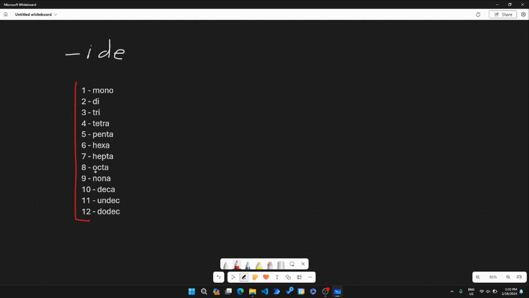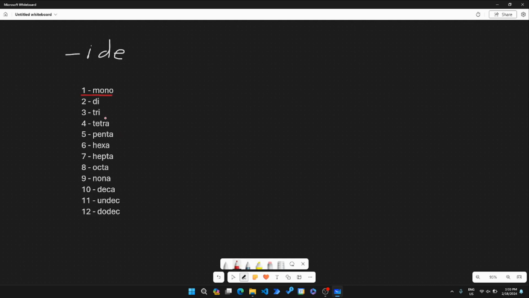Now you'll notice that most of these are the same as the prefixes for shapes, or another common thing, except for di, tetra, mono, and I believe undec and dodec, but I'm not sure about these two. Now, the only exception to this being used everywhere is mono.